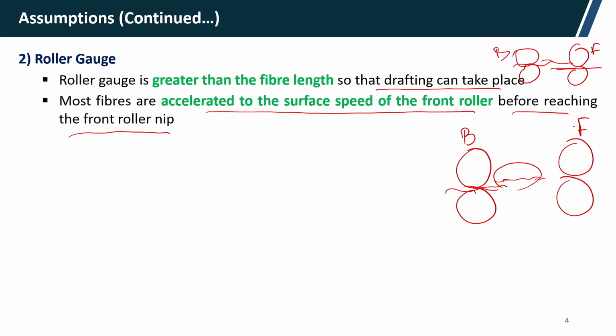In this discussion, it is assumed there will be a maximum friction line, and as soon as the fiber crosses that line, it starts moving at the speed of the front roller before reaching the front roller nip.